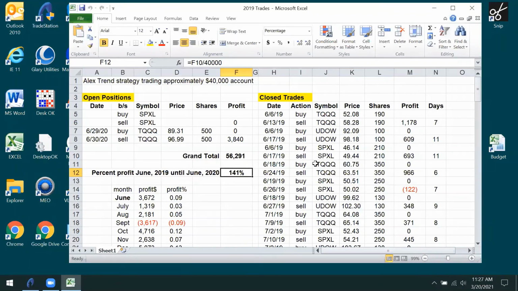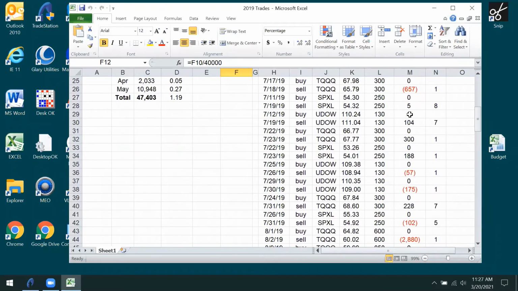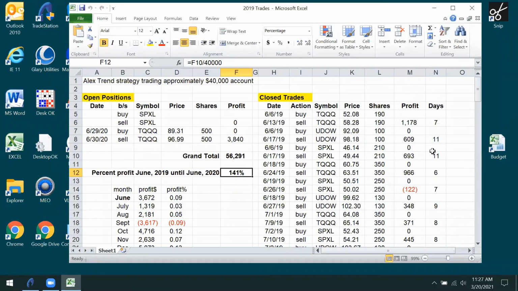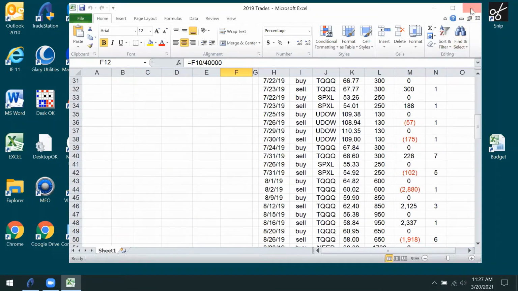All the trades open, closed, and from June 2019 till June 2020, one year, I made 141%, and I'm happy with that. That's wonderful. That's all the trades, winning, losing. Here's the profit out here in this column, and this is the number of days the trades were held. So I keep all this and I track all that.